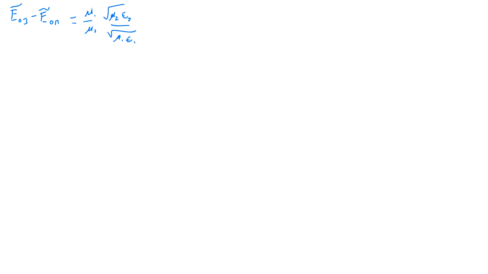And then, hey, look, this is actually proportional to the index of refraction. Or another way to write this is mu1 over mu2, and this would be v1 over v2, like that.